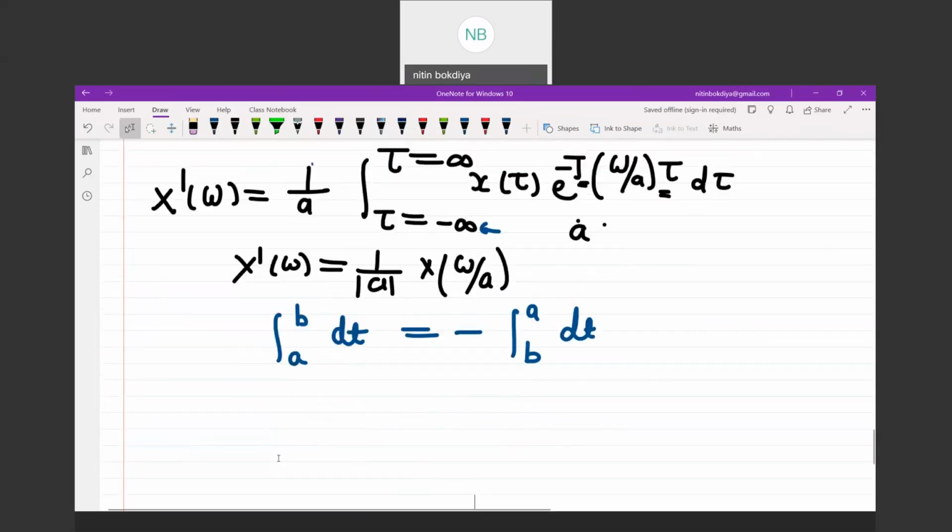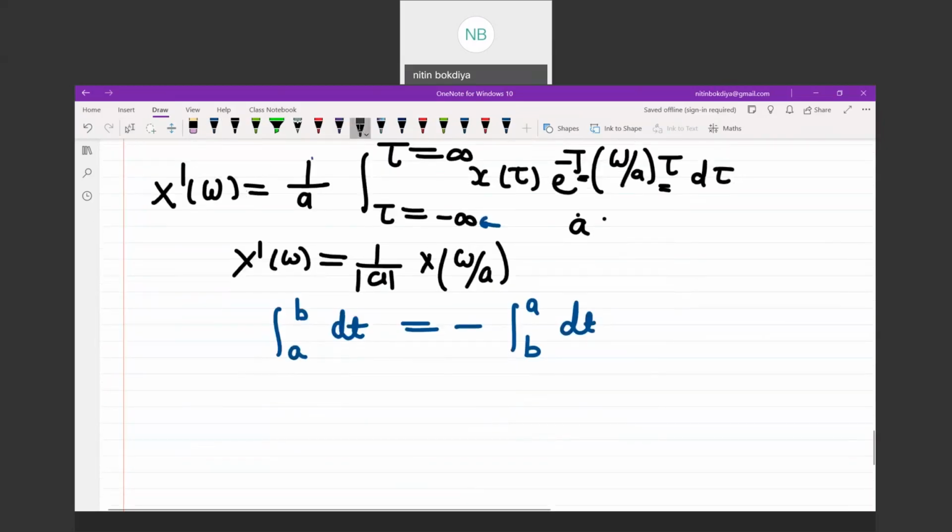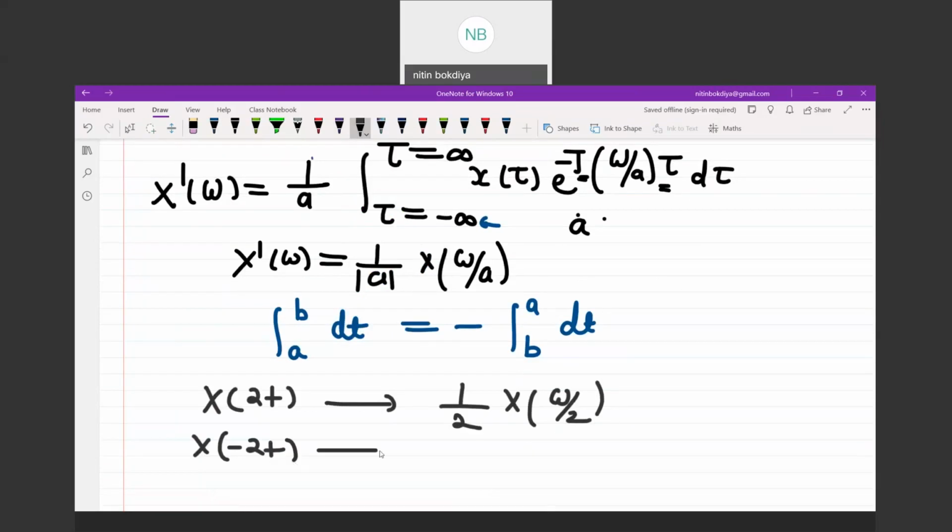Let's take a note on this. x of 2t has Fourier transform 1 by 2 x of omega by 2, and x of minus 2t also has Fourier transform 1 by 2 x of minus omega by 2. So this is the idea.